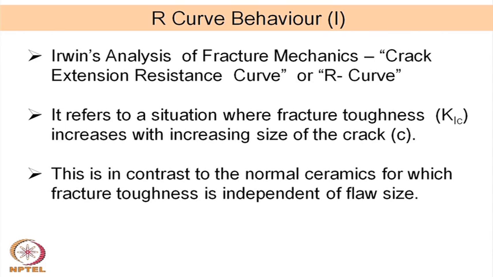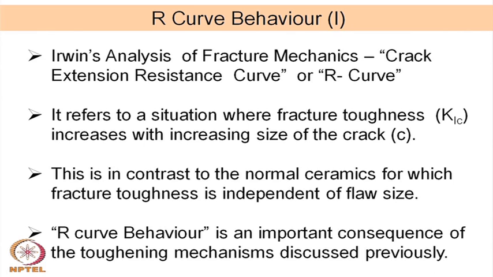Normal ceramic materials do not have these characteristics, so their KIC value, the fracture toughness, is independent of flaw size. That is the basic difference between the normal behavior of a ceramic material and the R-curve behavior of ceramics which have been toughened by some means.